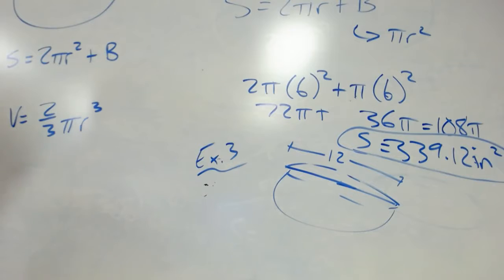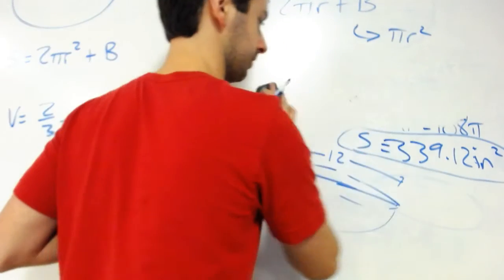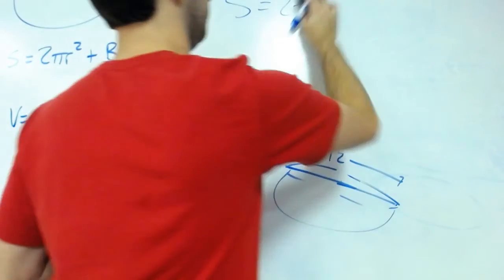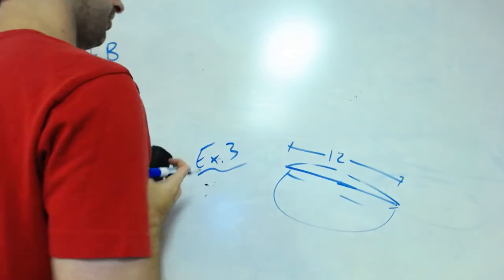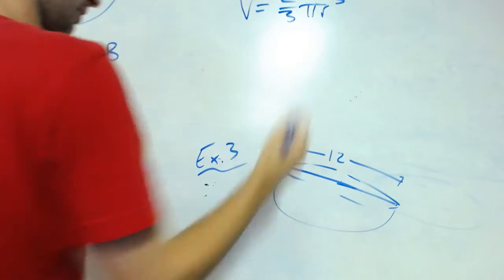So that's surface area. Now volume. Volume for this shape. I'm going to erase this. If you need that, you can rewind. But volume, our formula is 2/3 pi r cubed.